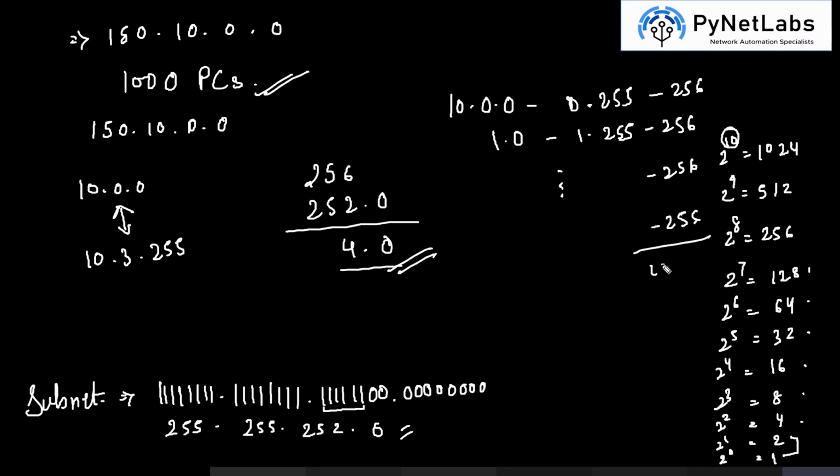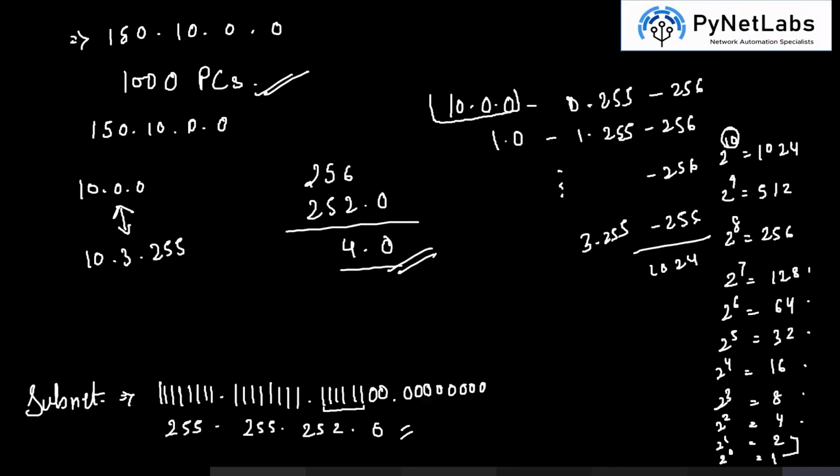This will sum up to 1024. So you can go until 4 ranges and calculate the first range from 0.0 to 3.255. You can use either way. That's your choice. And this is how the ranges will be distributed for a requirement of 1000 pieces.